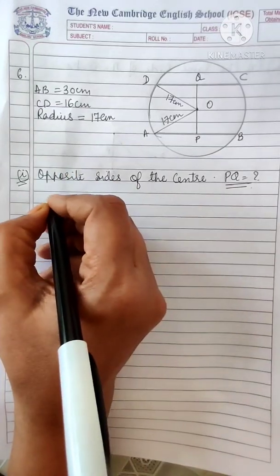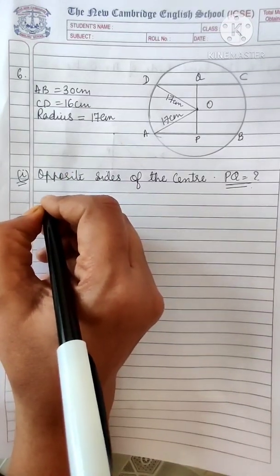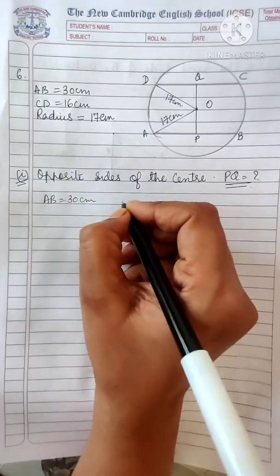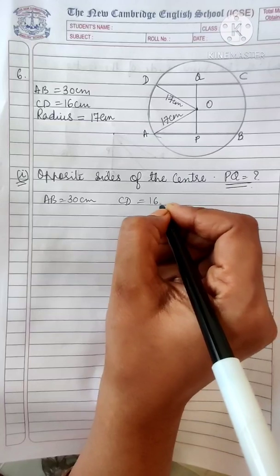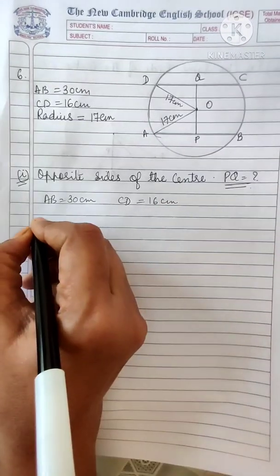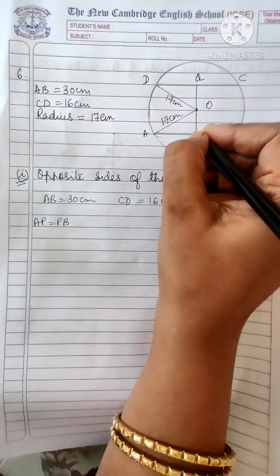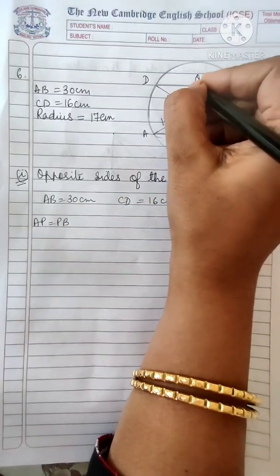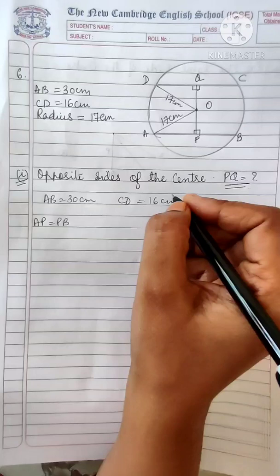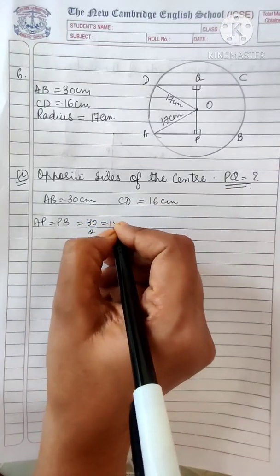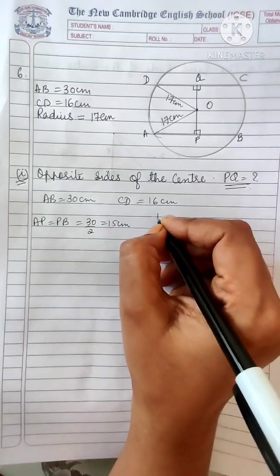Now AB is equal to 30 centimeter and CD is equal to 16 centimeter. So AP will be equal to PB, as the perpendicular drawn from the center of the circle bisects the chord. So this will become 30 by 2, 15 centimeter.